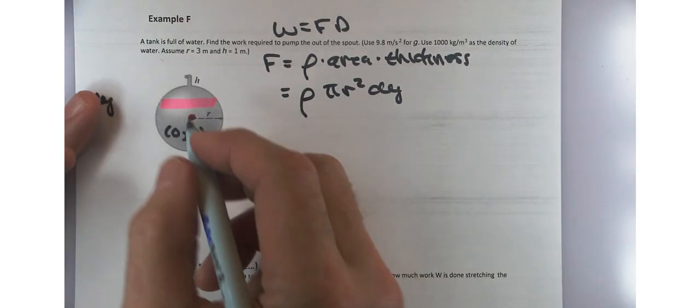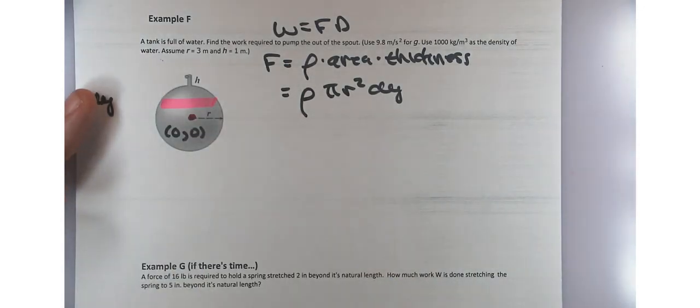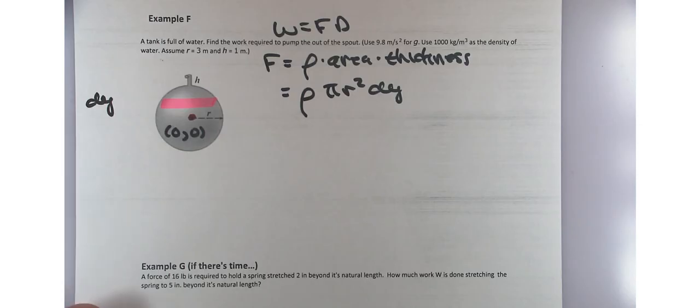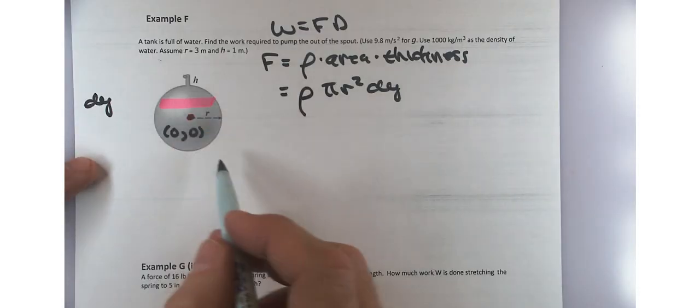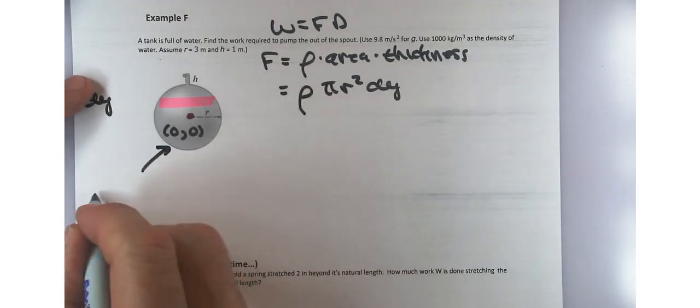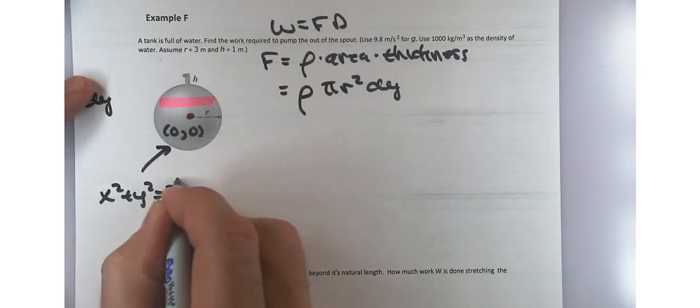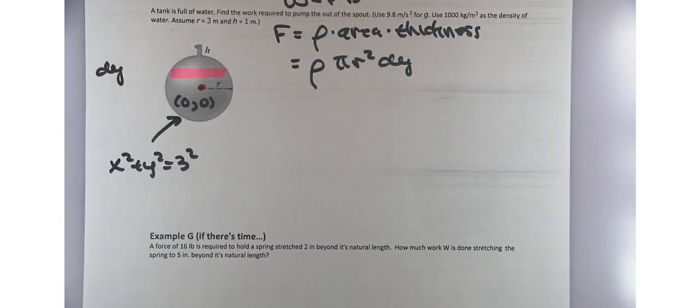What's the equation of this circle? Circle of radius 3. X squared plus y squared equals 3 squared. Yeah, or 9. So that's the equation there, and that's good.